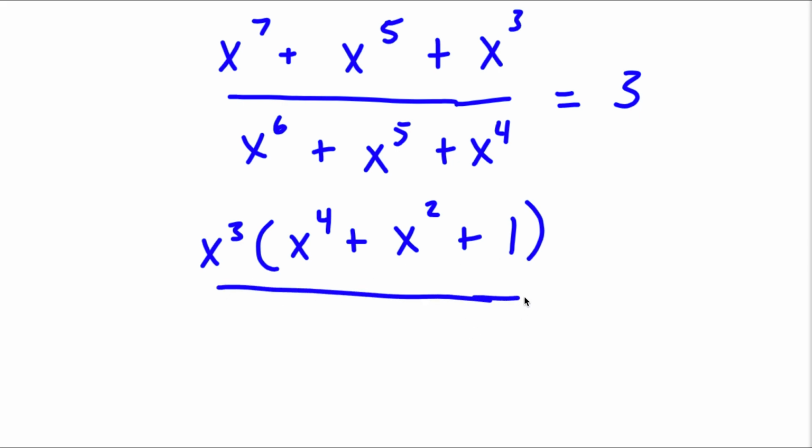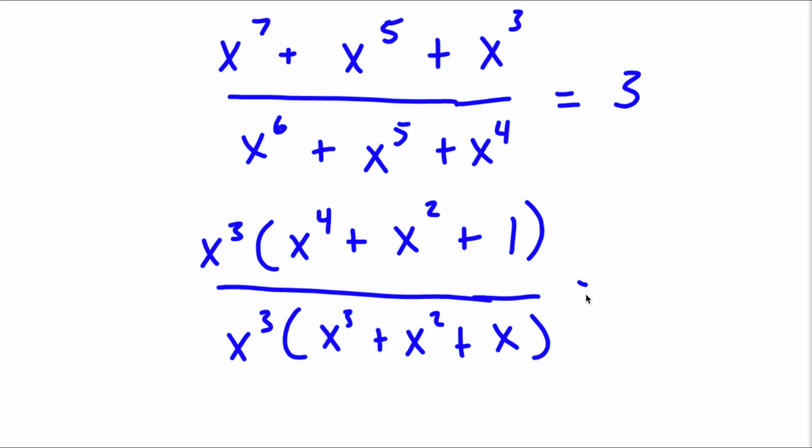Now I have this over x^3 times x^6 divided by x^3 is x^3, plus x^5 divided by x^3 is x^2, plus x^4 divided by x^3 is simply x. And now this is equal to 3.